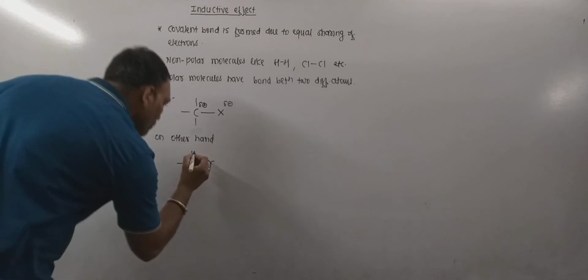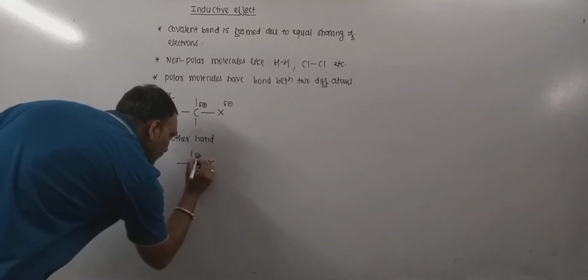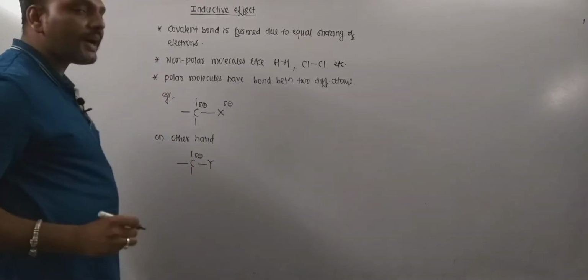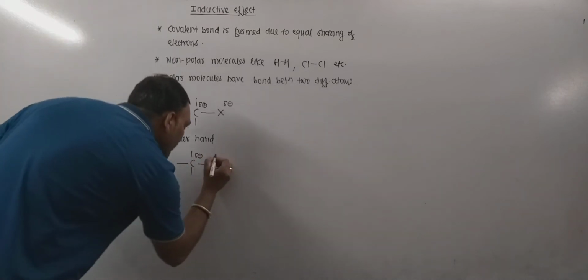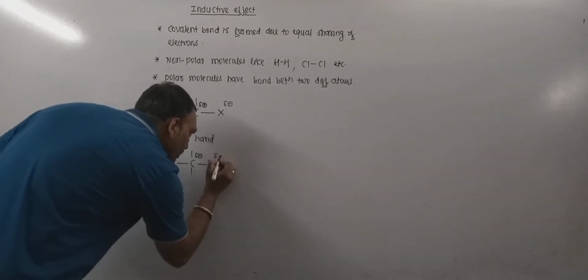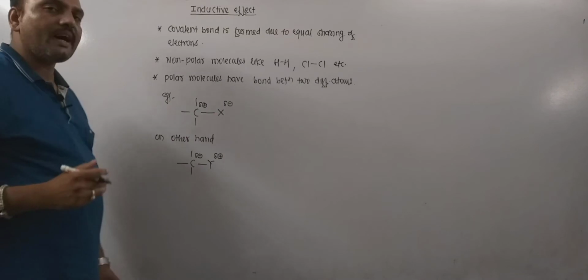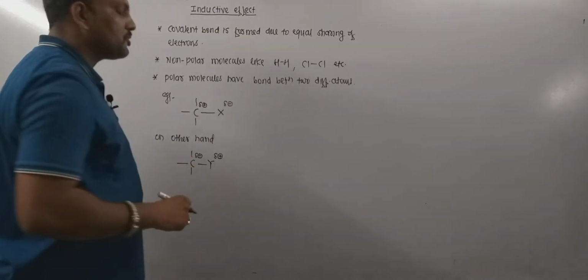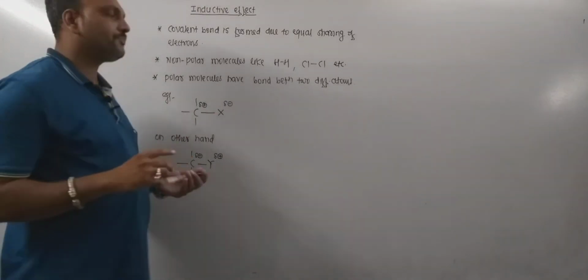Carbon, due to which in this case carbon prefers to acquire a partial negative charge, and this species Y acquires a partial positive charge. This is also a sort of polarization.